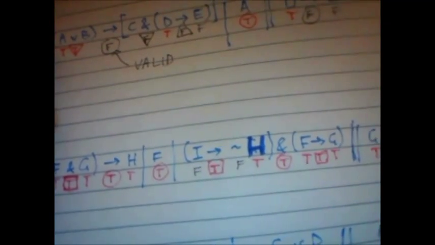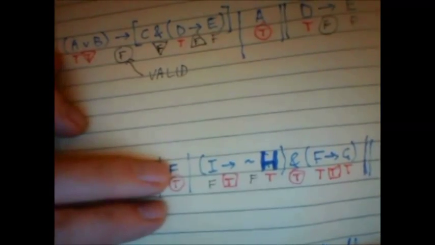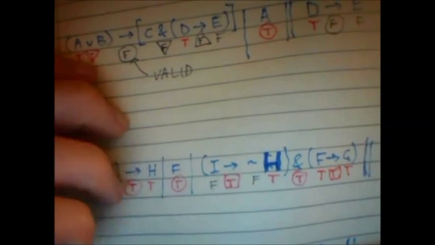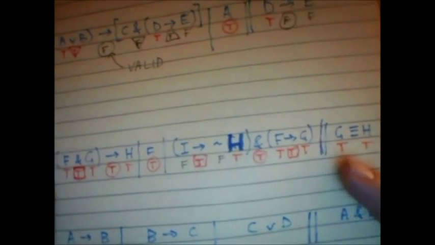The trouble is, we made all 3 premises true. The first premise is true. We started by making F true, and now we've made this one true as well. But the trouble is, look at the values that we've plugged into the conclusion.